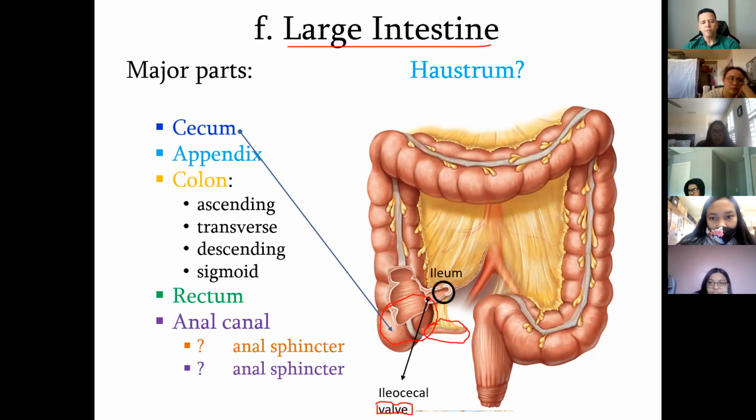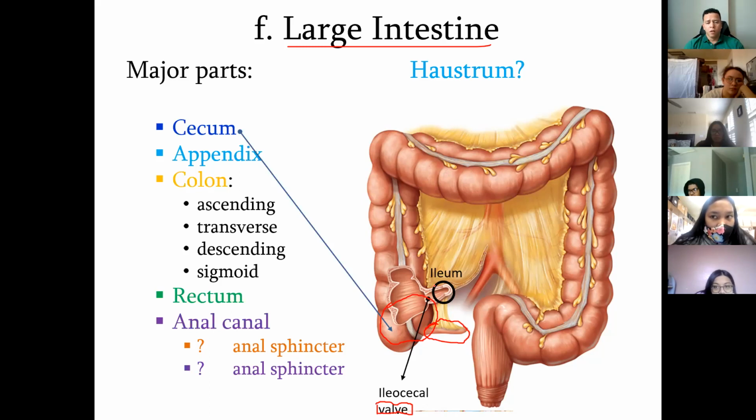All right. So now that the food has gotten into the large intestine, at this point all of the nutrients have already been absorbed. So what is the function of the large intestine? The function of the large intestine is basically two. One is the final absorption of water.